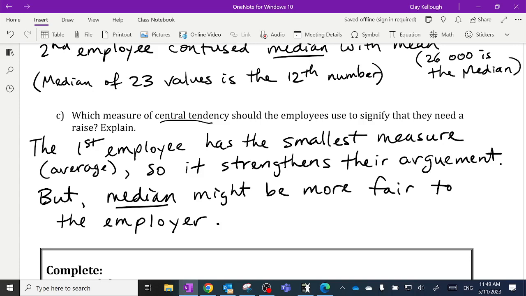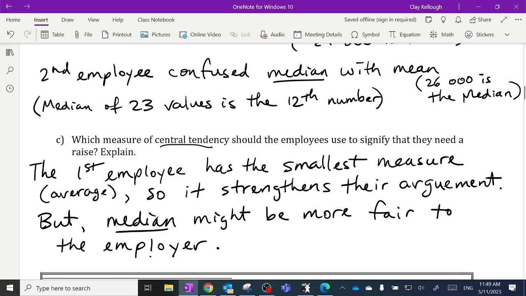There's got to be some sort of a strata here of the employee wages. So if you want to argue on the case of the employer, you'd say, hey, come on. You didn't make a fair argument saying my average salary is $16,000. Or sorry, is $21,000, because half of my employees make more than that. So I might use the median to be more fair.